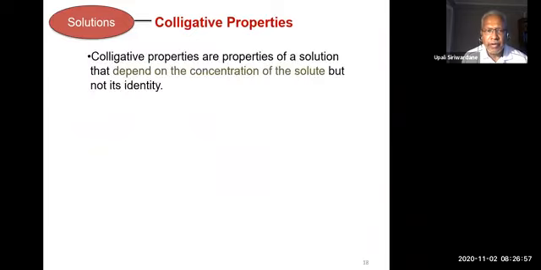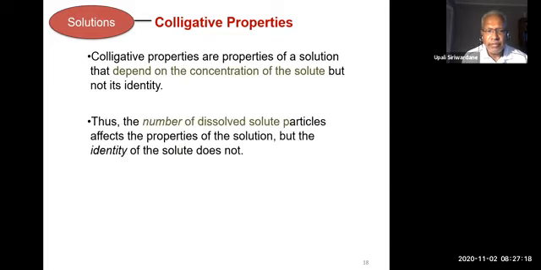Colligative properties. Colligative properties are properties of a solution that depend on the concentration of the solute, but not on its identity, which also means the number of particles present in the solution.